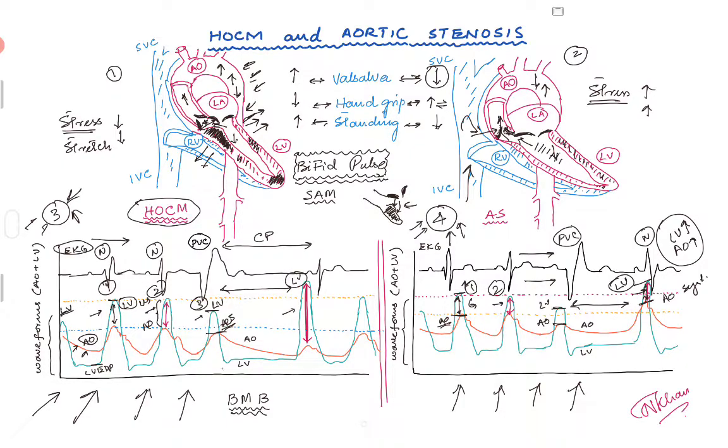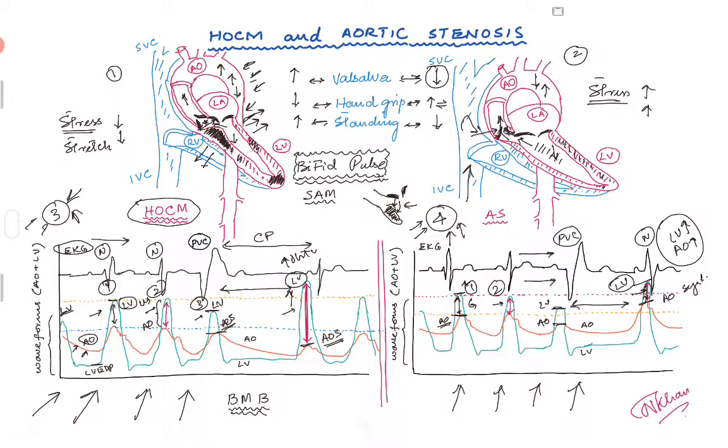The more contraction causes more obstruction, and that's why we call it hypertrophic obstructive cardiomyopathy, or dynamic obstruction. As the LV contracts more, it compromises the LVOT diameter. So your AO systolic pressure will go down because there will be more obstruction.